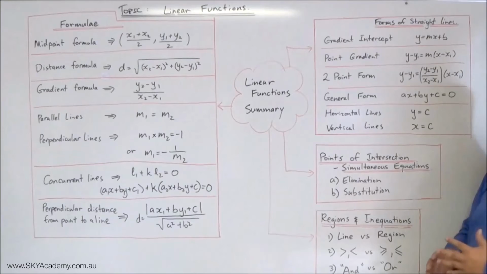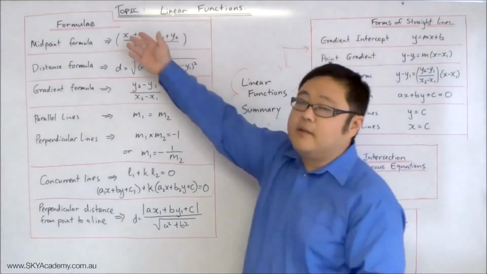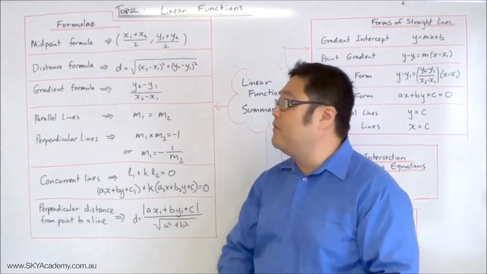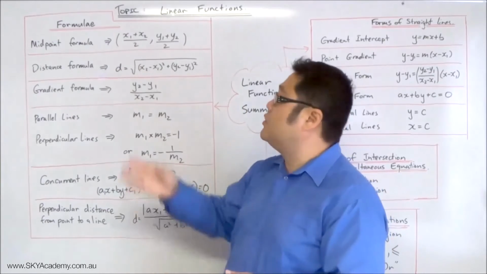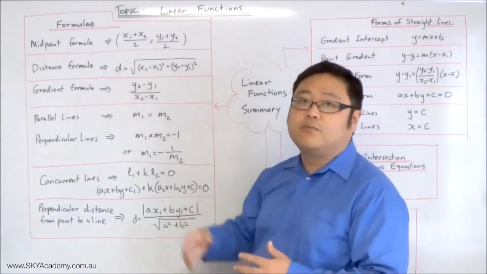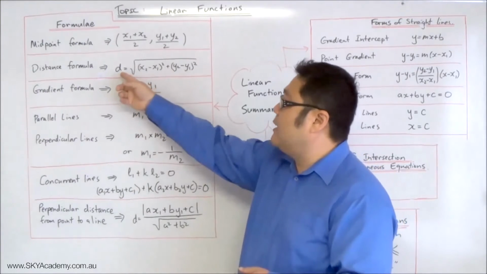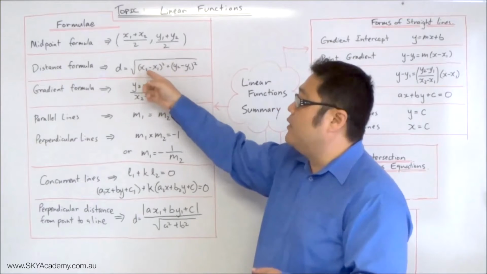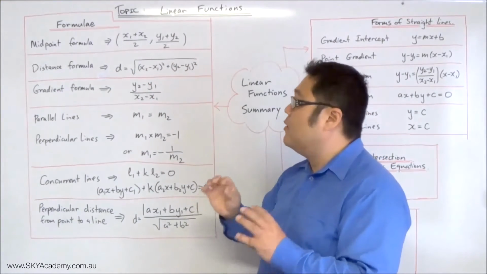So we've looked at all the formulae. For example, the midpoint formula, which is x1 plus x2 on 2, y1 plus y2 over 2. The distance formula, which is really just a variation of Pythagoras' theorem: d equals the square root of x2 minus x1 squared plus y2 minus y1 all squared.